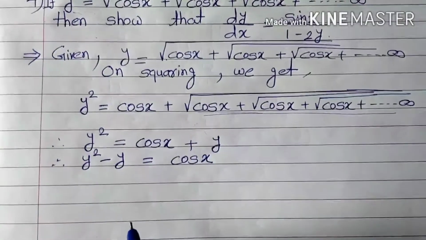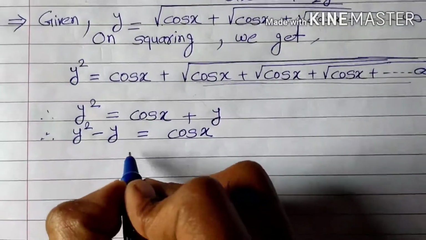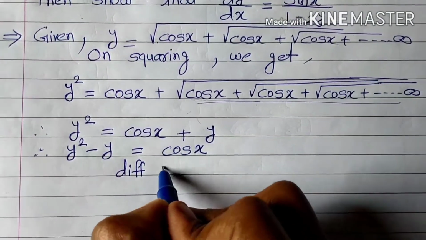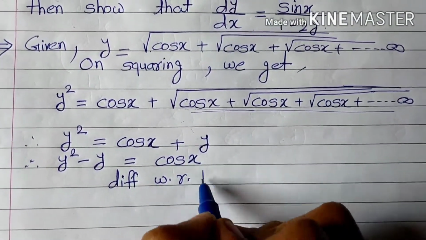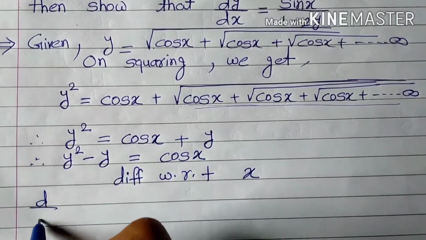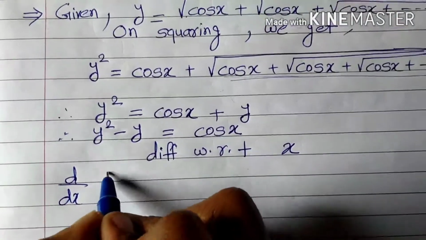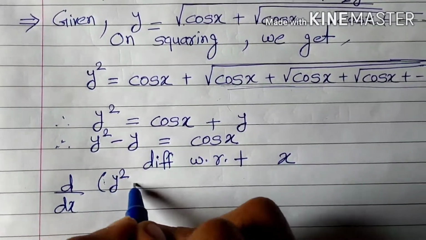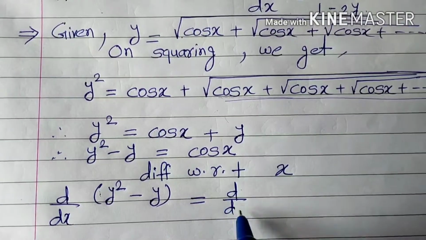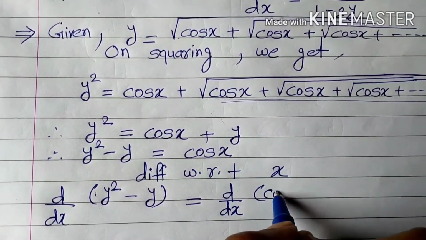Now differentiate with respect to x. d by dx of y square minus y is equal to d by dx of cos x.